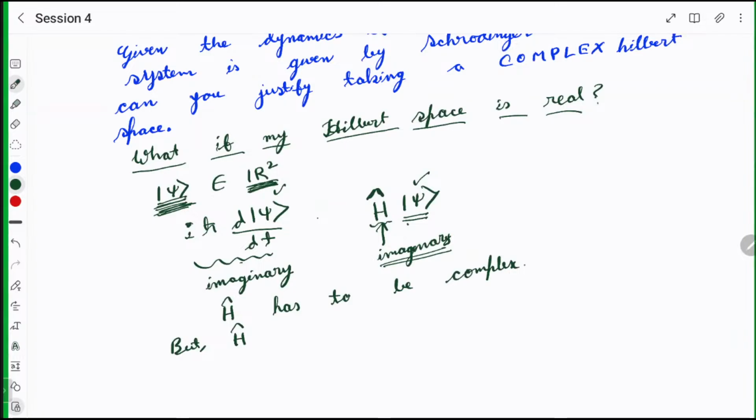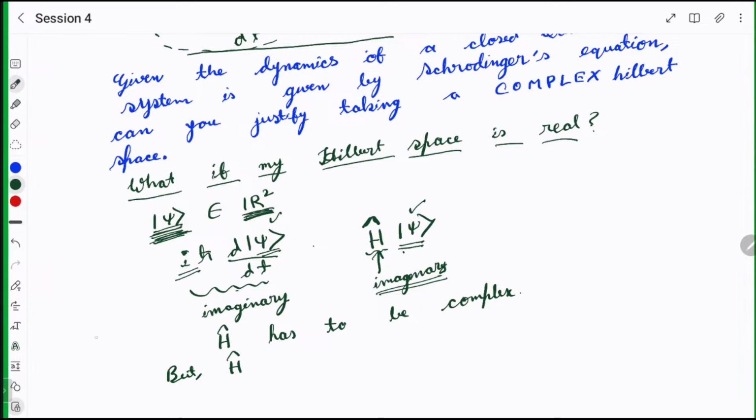There's an i here, root of -1, so the left hand side is imaginary. From there, we concluded that if psi is real here and this is imaginary, then H, this operator, has to be complex.